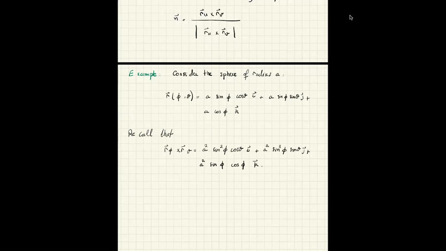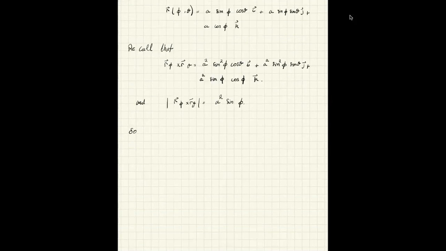Okay, and so here there is a magic that will happen, because this one will vanish for phi equal to 0 and pi, but it's going to be canceled out when you divide.